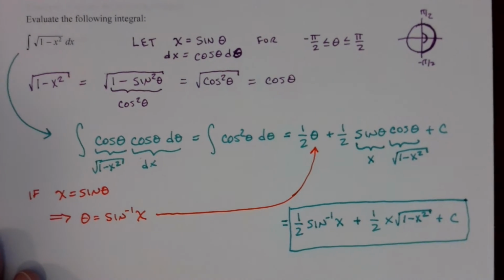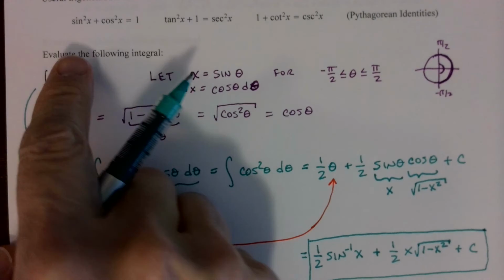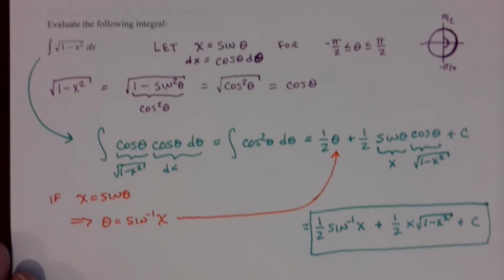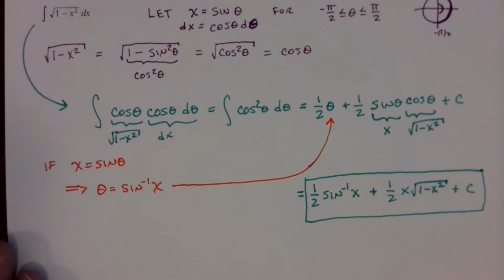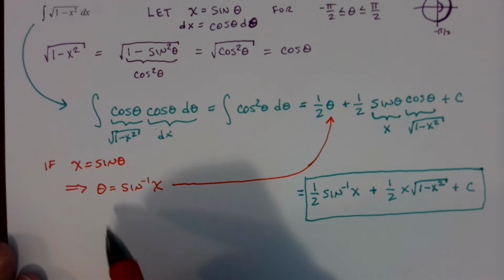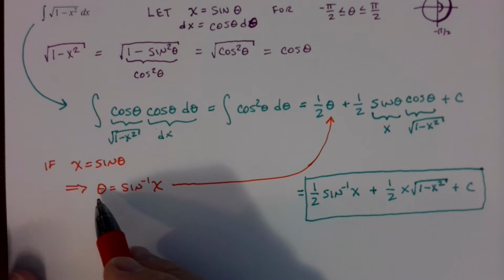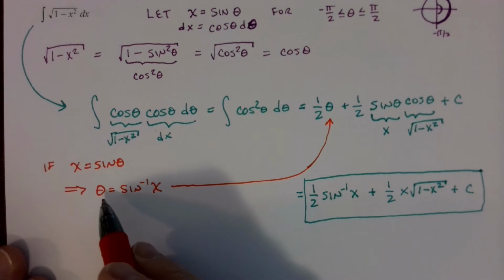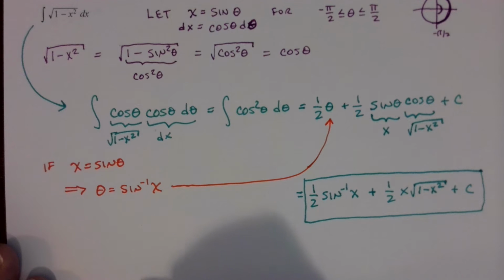Now, another way to get these, the Pythagorean identity gets us this relationship, but a nice way to set this up too is to think about theta as being an angle and look at the corresponding triangle, the acute angle in a right triangle.